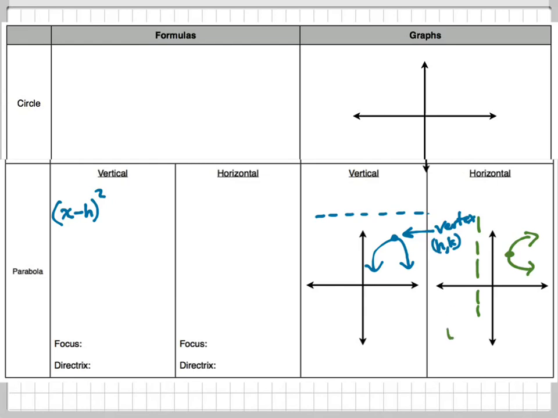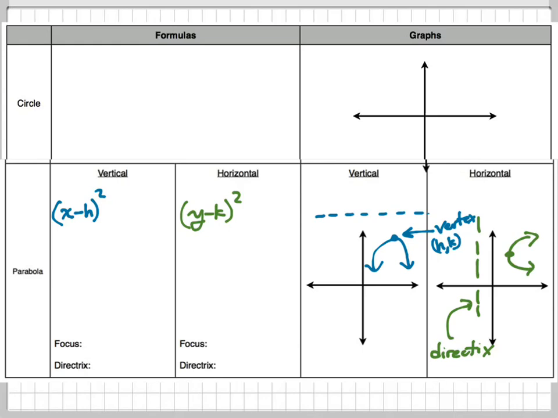This dotted line is the same for both of them, both dotted lines. That's the directrix, D-I-R-E-C-T-I-X. And then we'll finish those later. Let's draw the beginning of the equation for the horizontal one. The beginning of the equation is y minus k squared.